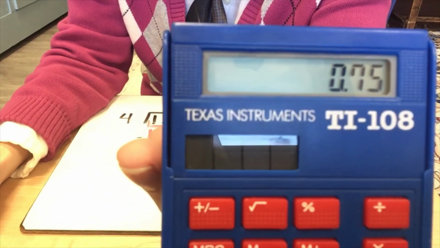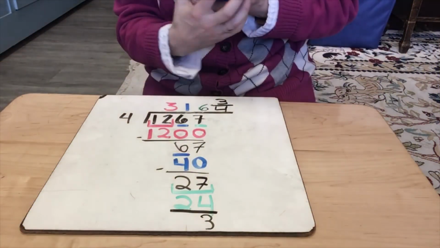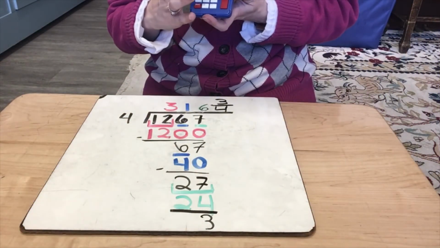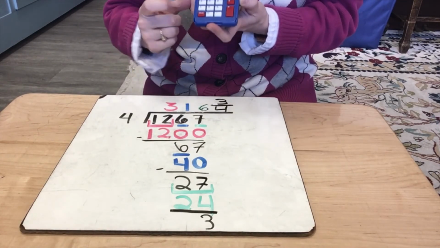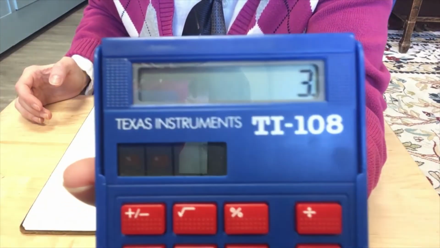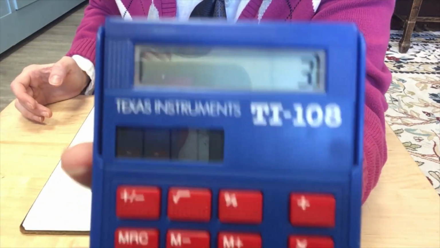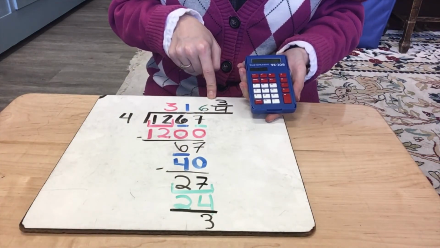I'm going to take this 75 hundredths and I am going to say times my original divisor, 4, equals, and voila, the number is 3. So 3 is my remainder.